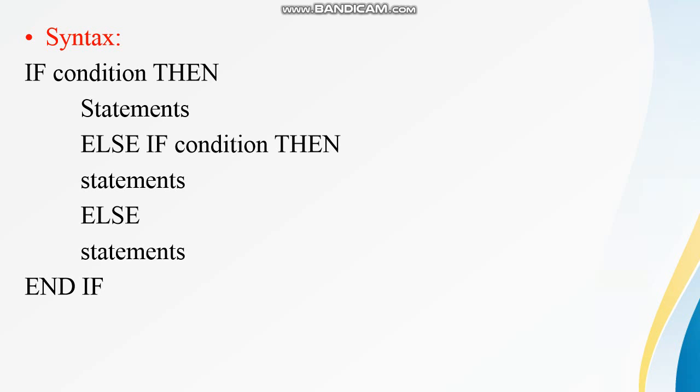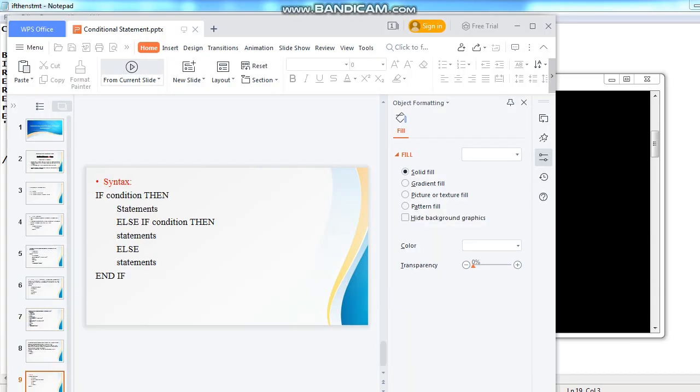If the condition is true, then execute the statement, else check another condition, that is the else if condition. If it is true, then execute the statement. If both the conditions are false, then obviously it is going to execute the else statement, right? So I will execute this particular example.